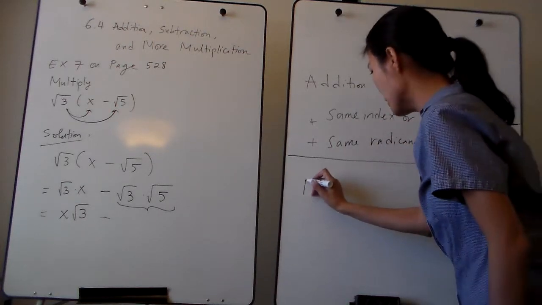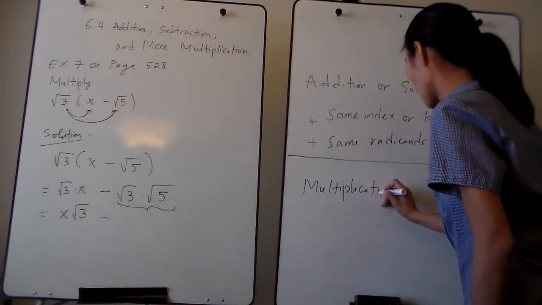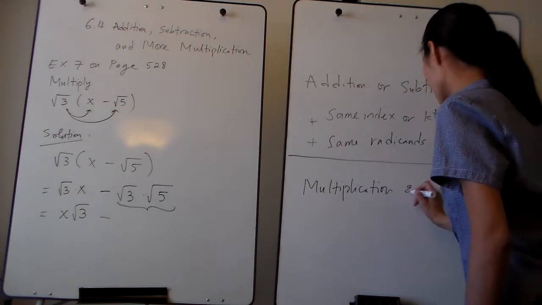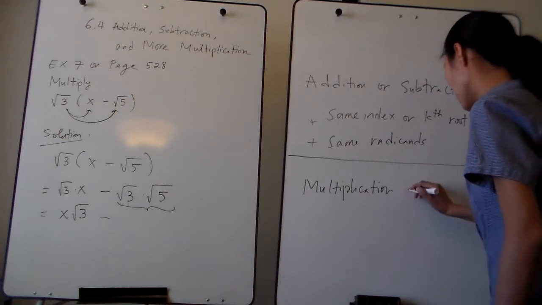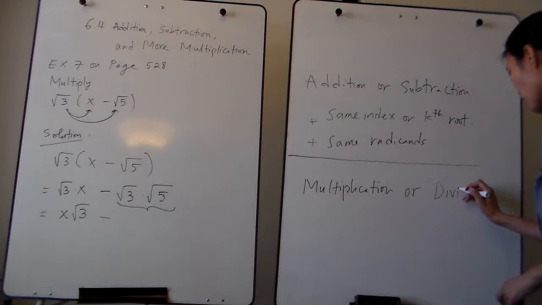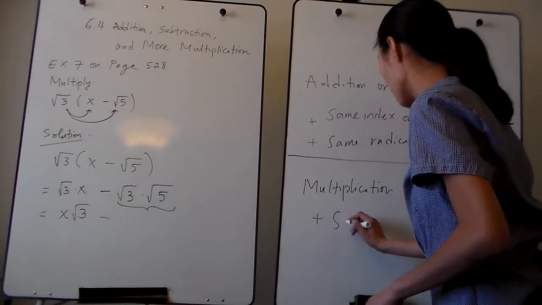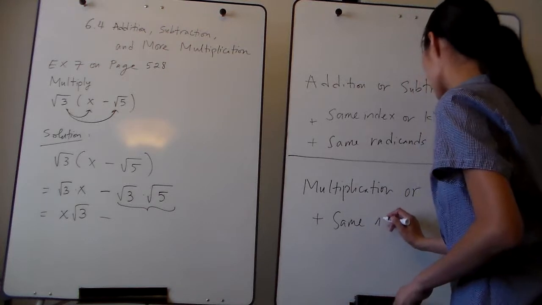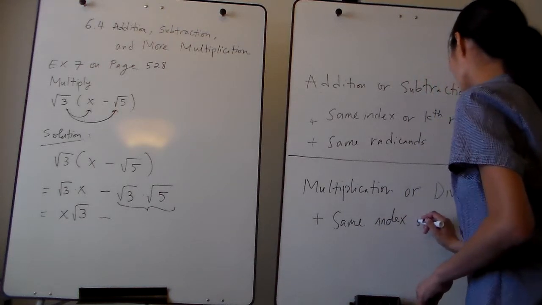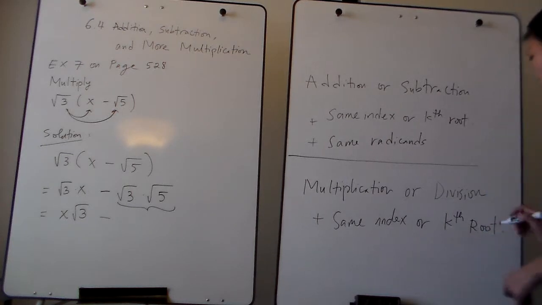So for multiplication, or division, you only need to check the same index, or kth root. You don't need to worry about the same radicals for multiplication and division.